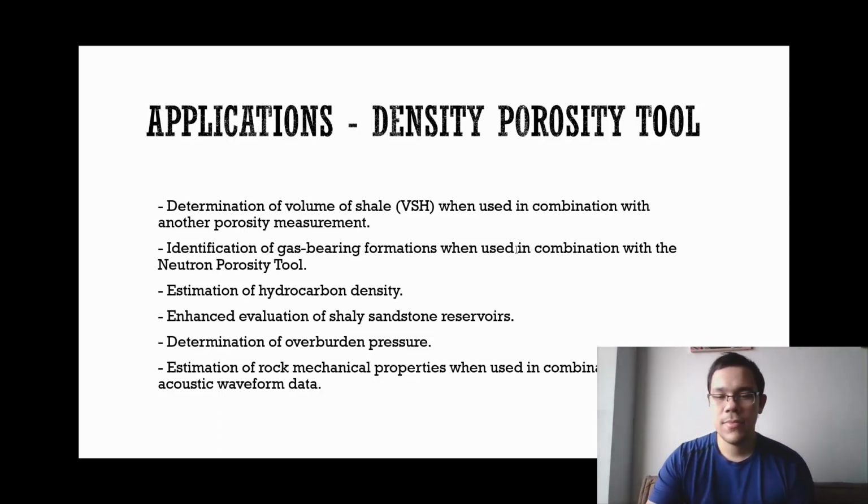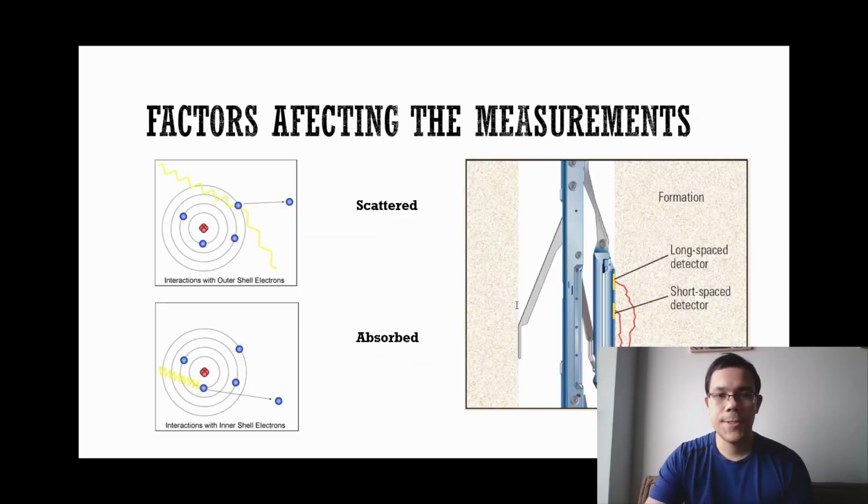There are a few cases where a neutron porosity tool is run alone, but in a log you will usually have a porosity curve from density and a porosity curve from neutron in a basic triple combo. So this tool will also help us estimate hydrocarbon density, evaluate shaly sandstone, determine overburden pressure, and evaluate rock mechanical properties. A very useful tool.